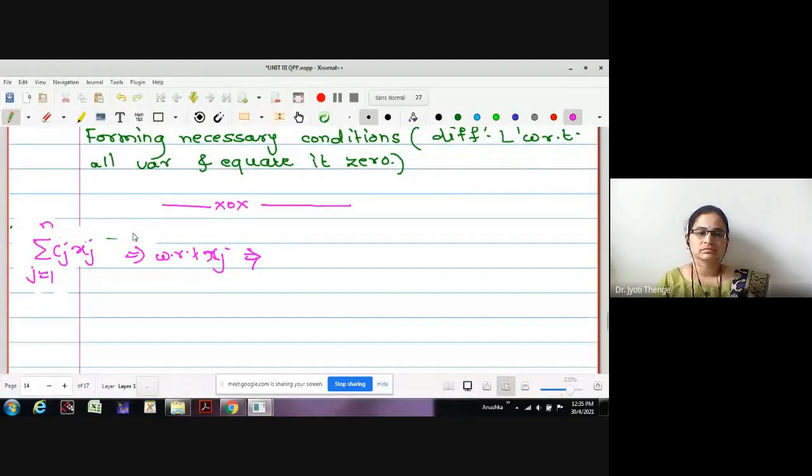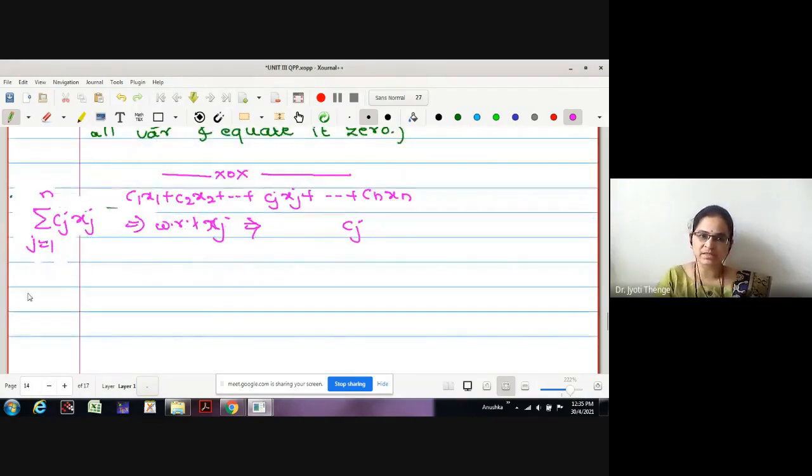Actually, the term is of the form c1x1 plus c2x2 plus somewhere the jth term, and continue this up to cn xn. Therefore, if I differentiate with respect to xj partially, what is the value we are going to get? We are going to get cj only, right? Yes ma'am.